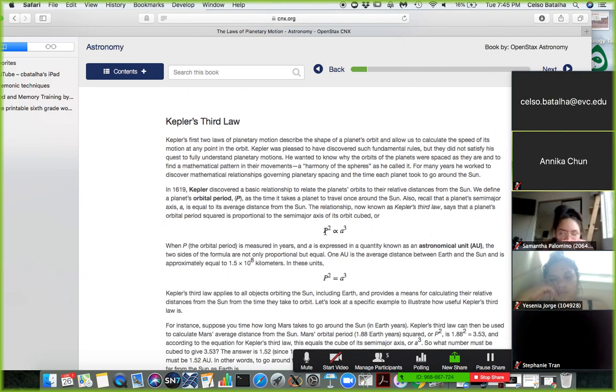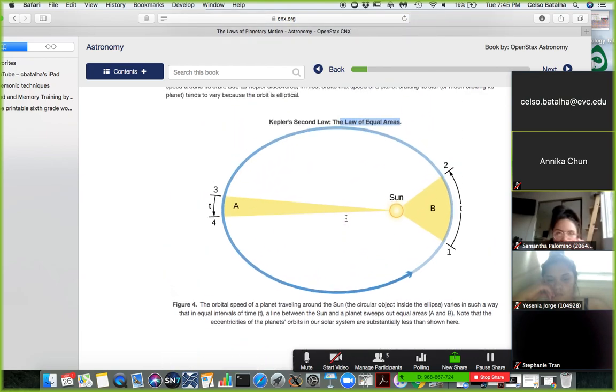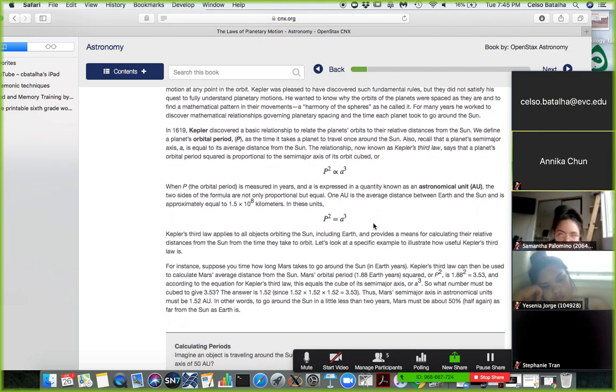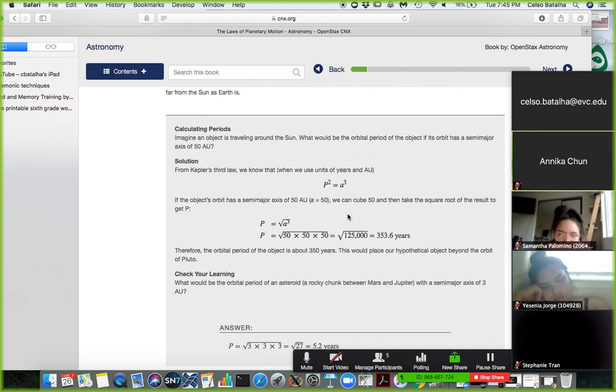You take the period, the time it takes the planet to revolve around the Sun in Earth years, and then you square that. You find the number is pretty much equal to the semi-major axis, which means the average distance between the planet and the Sun, close to that because it's an ellipse, to the third power. That is the third law of Kepler. P squared is equal to A cubed.